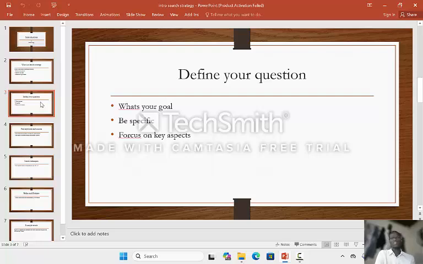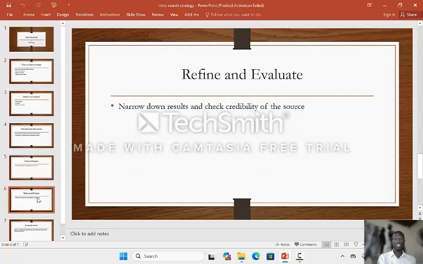Be specific, and so on. We have the define and evaluate. It narrows down the results and checks the credibility of the source. It brings also the author, the citer of that thing, because so many people in this world are after information, looking at how to explain things and be able to cite it.